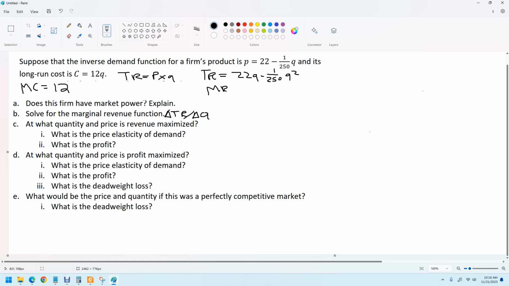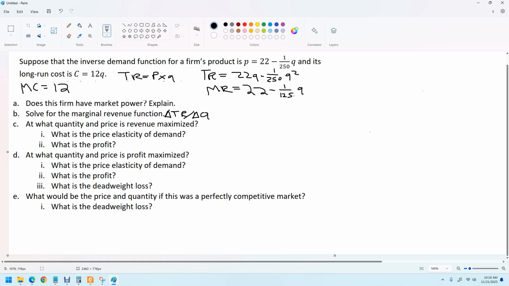Now, marginal revenue is the partial derivative with respect to Q, so this becomes 22 minus 1 over 125 Q, because 2 over 250 turns into 1 over 125.